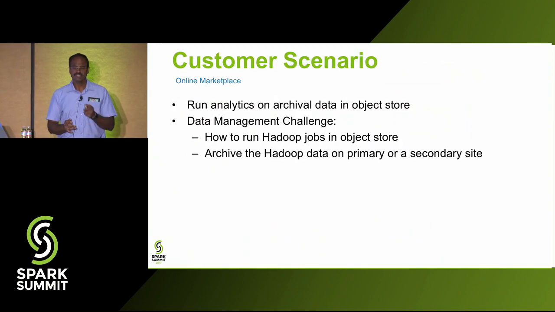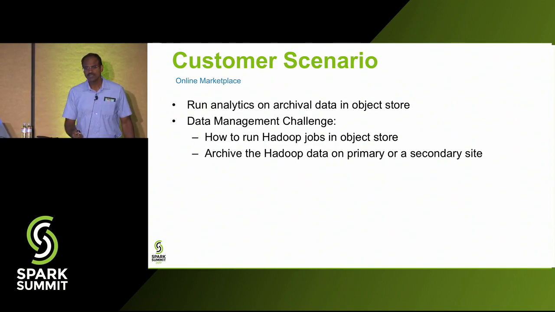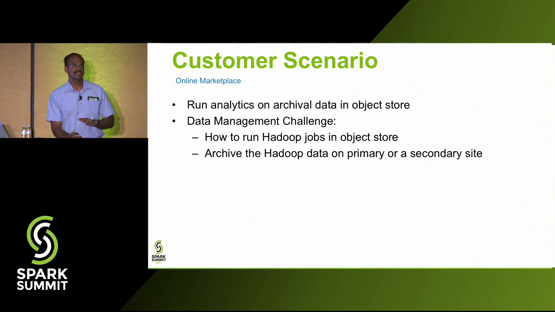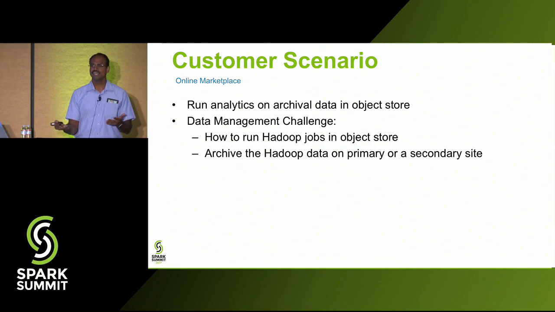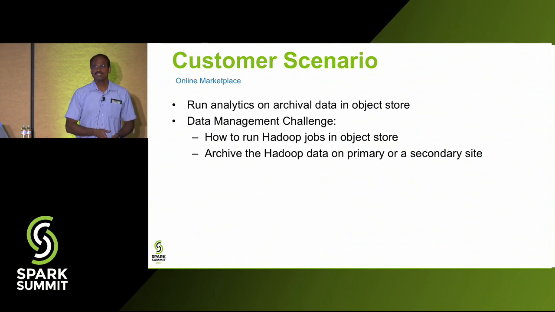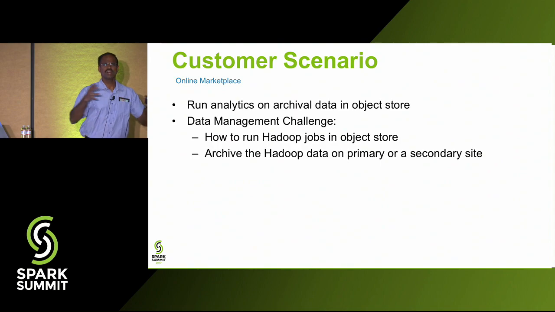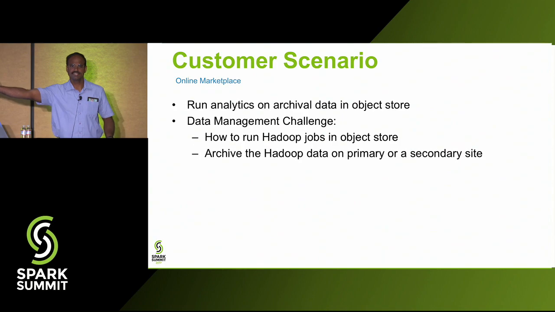Okay. The last customer scenario is one of the online marketplaces. This customer wants to use object storage. For object storage, you know that NetApp has a product called StorageGRID. The customer wants to use the object store for big data analytics. That object store can be a primary site or a secondary site.